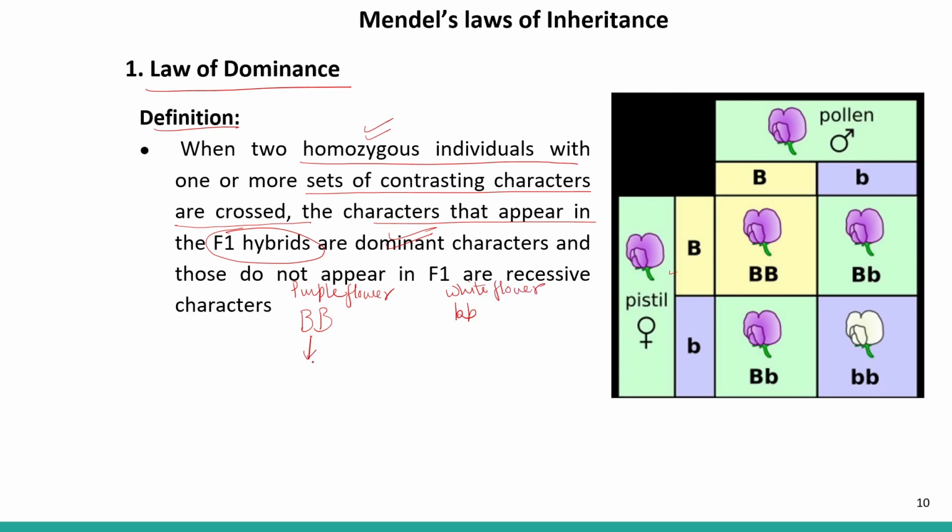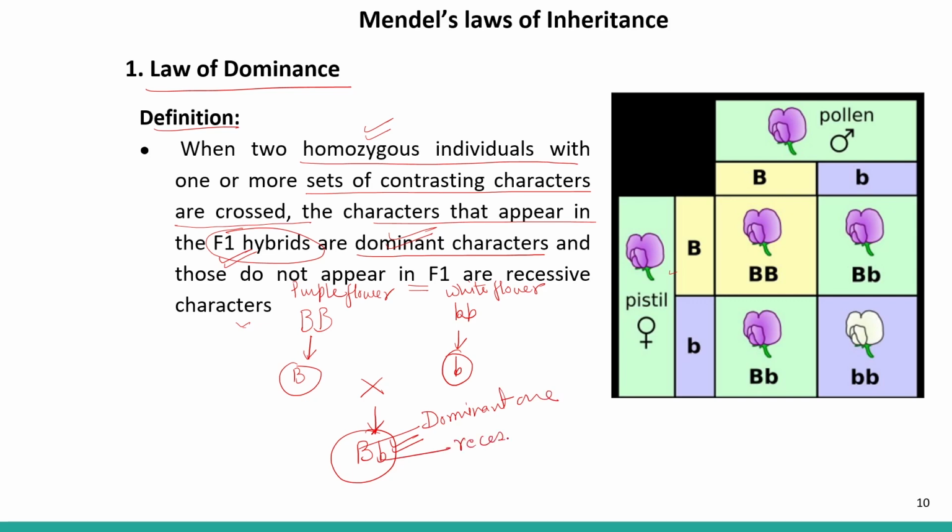They will form a single type of gamete, that will be the capital B, and a single type of gamete, that will be the small b. Now when they are crossed, they will get capital B and small b type of plant only. That is the F1 hybrid, and it is shown by the dominant characters, and the characters that do not appear in the F1 are the recessive characters. So here the capital B is the dominant one, and the small b is the recessive one.